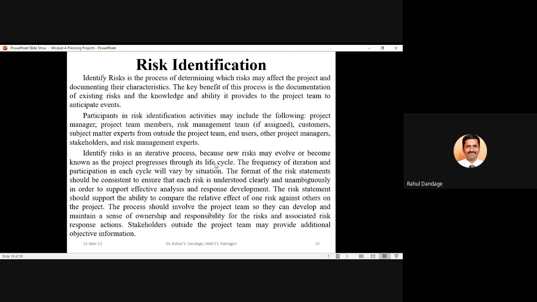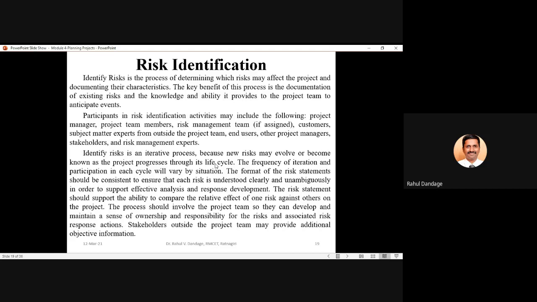The risk statement you are preparing should also support comparative analysis of the variety of risks, how they are going to affect your project, so that you will come to know which should be prioritized, which should be given the priority. For prioritization, analysis using comparison is very useful.